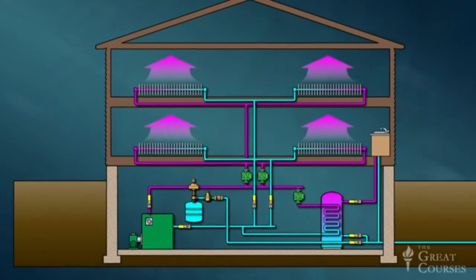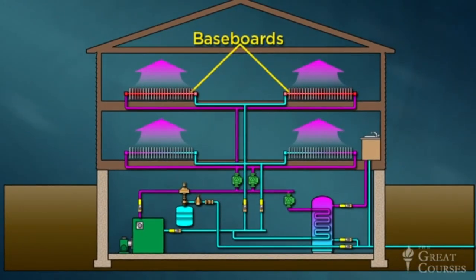In the occupied spaces, radiators or baseboards are used to transfer heat to the surrounding air, primarily by natural convection. I hate to burst your convective bubble, but contrary to its name, a radiator actually transfers relatively little heat by radiation.